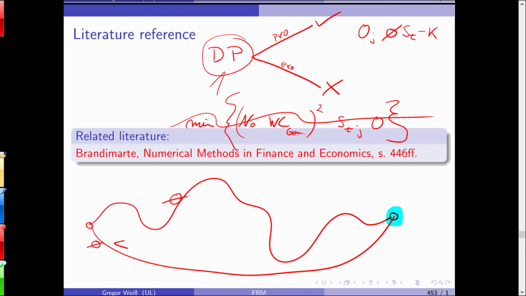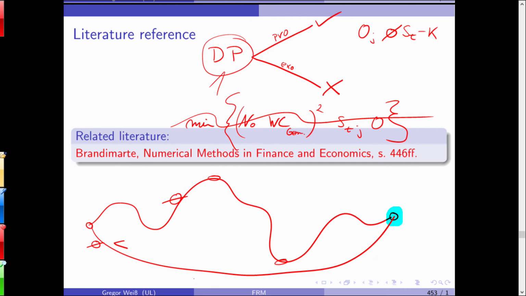And for an Asian option, you do not just have to look at the terminal price of the stock, but at the path of the stock price. So this is why it's called a path-dependent option. You could also say that, for example, in some cases you have to take the maximum or the minimum minus the strike. Again, this is a path-dependent option.